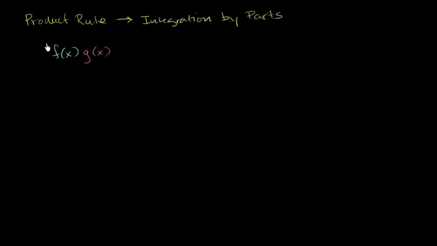Now let's take the derivative of this function. Let's apply the derivative operator right over here. And this, once again, is just a review of the product rule. It's going to be the derivative of the first function times the second function.